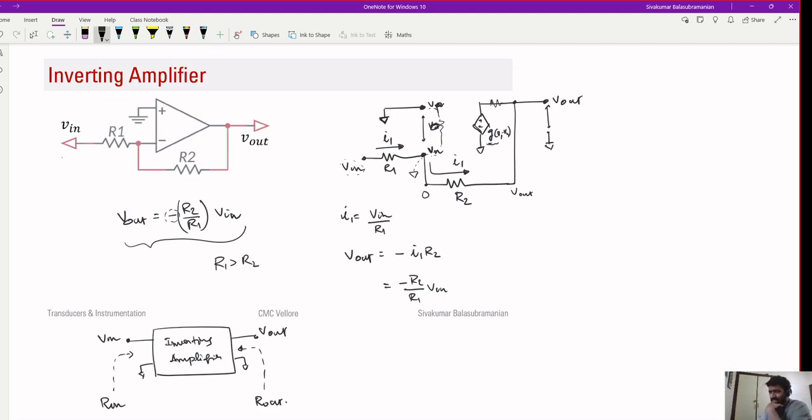What is R in this case? How will you find out R in, the input impedance of this amplifier circuit?